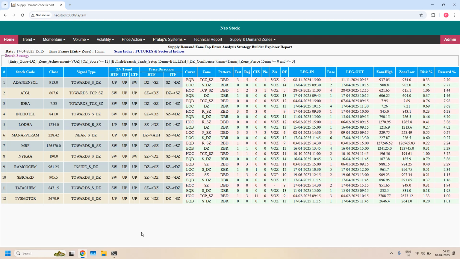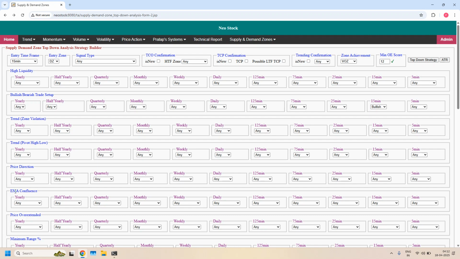So that's why if any of the 75 minutes demand zones are having daily EMA confluence, then the overlapped 15 minutes demand zone inside the 75 minutes demand zone are having even more high probability to get success. That we will filter. In the EMA confluence at 75 minutes time frame, I am selecting the filter 75 minutes demand zone having daily EMA confluence or not.